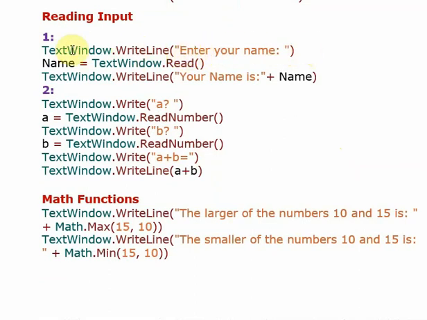As you run the program, this is the first line, enter your name. Then I am assigning a variable here, name equals TextWindow.Read. This is the command to read. Once you provide this command, the programming code waits for the input. Read means it waits for the input to read. So soon after this, whatever value you enter, immediately it goes here.